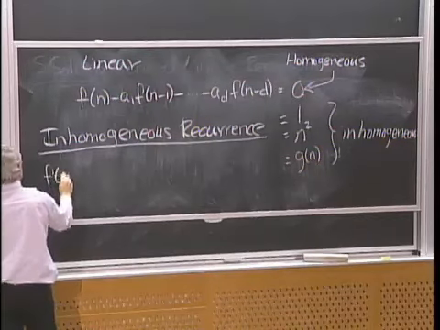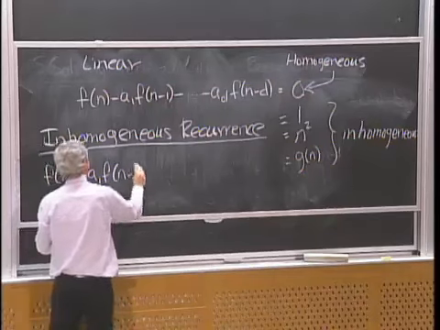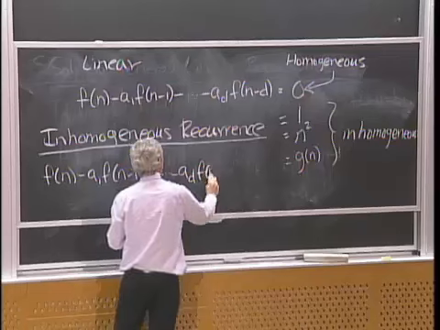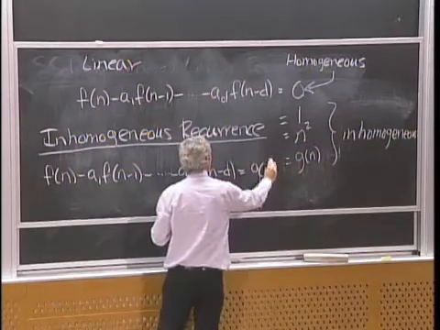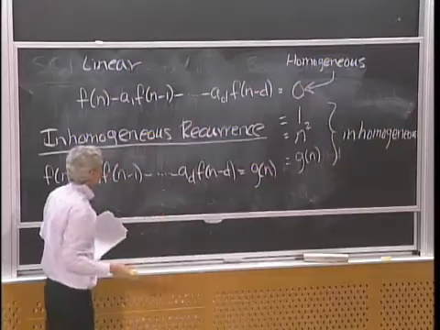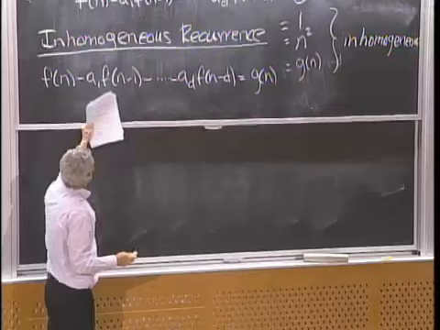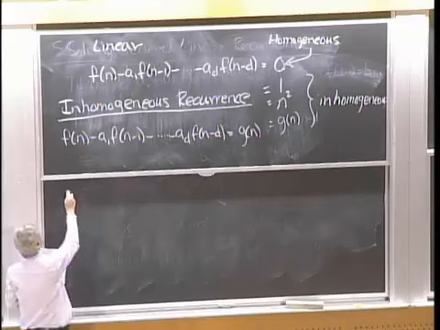It's f of n minus a1 f of n minus 1 minus a sub d f of n minus d equals g of n, where that's some fixed function of n, nothing to do with f. And we solve it according to the following three-step method.